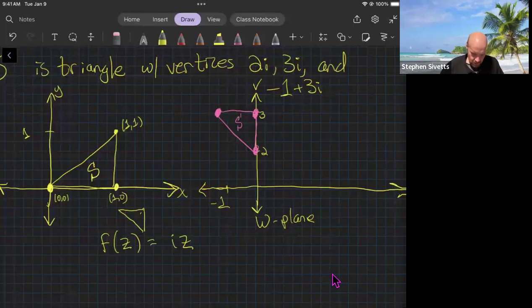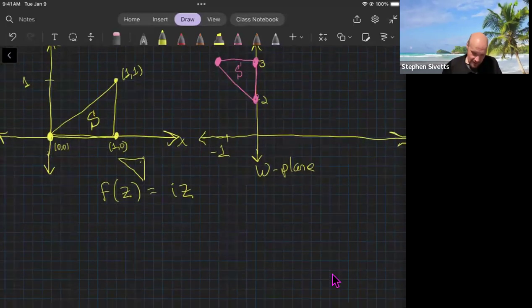So 1 plus i, if I rotate 90 degrees, I multiply by i, I'll get -1 plus i, which is in the second quadrant. This would be at the point -1, 1.